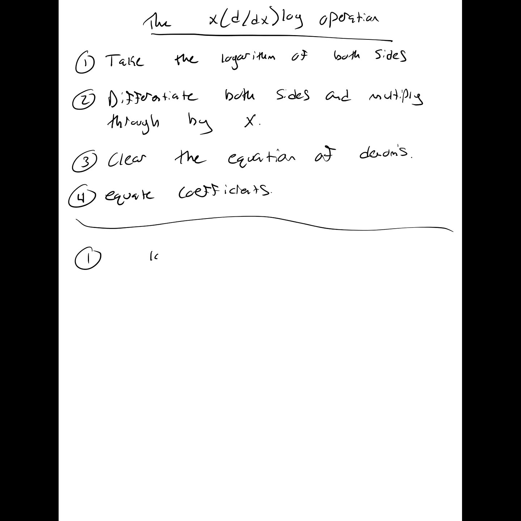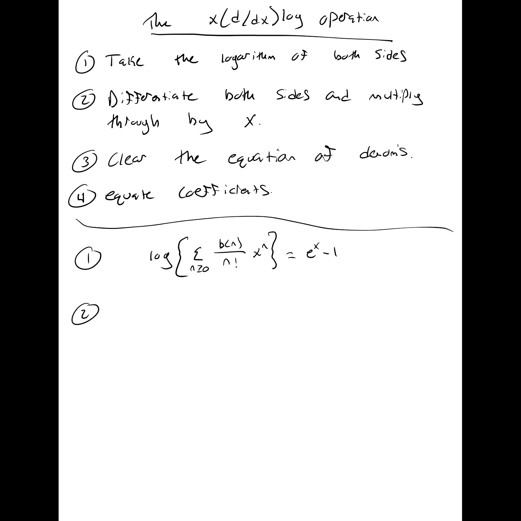I said that we wanted to take the log of both sides. If we take the log of the left-hand side, nothing changes at the moment. We'll just rewrite it. But the right-hand side, that's nice. If we take the natural log in particular, then we just get the exponent.